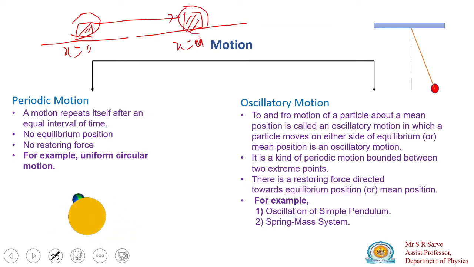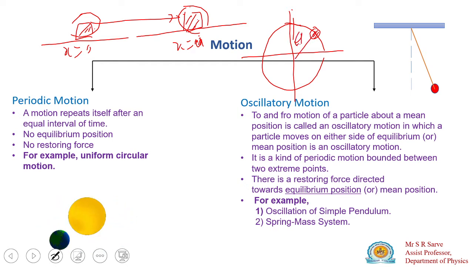Similarly, if any particle is performing a circular motion, then its position with respect to time goes on changing. So suppose here theta is your angular displacement, x is your linear displacement. If it changes its position by this angle, nearly 180 degrees, that is your angular displacement.